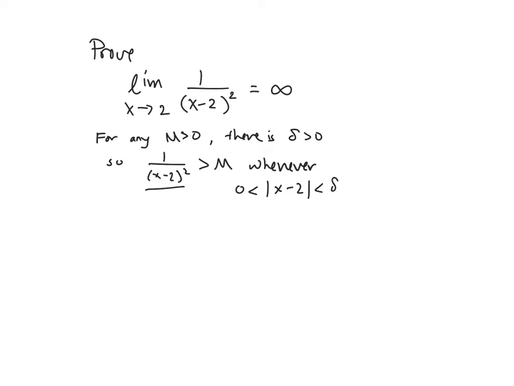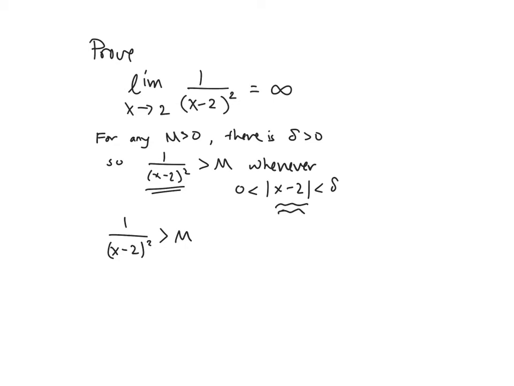So again, I'm going to start with 1 over (x minus 2) squared is greater than M, and I want to work on that until I can get something with an x minus 2 in it.